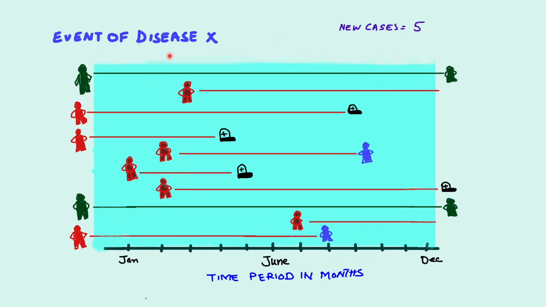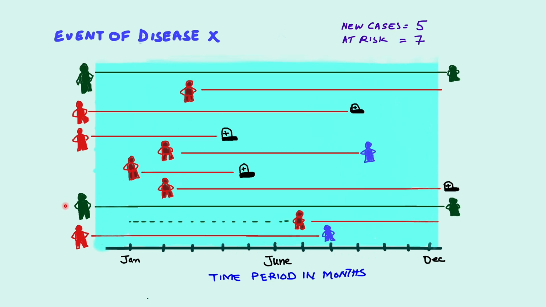Next, let's calculate the denominator. For incidence, the denominator includes only individuals who were at risk of developing the disease at the beginning of the study. So, out of these 10 participants, 3 already had the disease X, these 3 persons. So, they were excluded, leaving 7 individuals at risk.